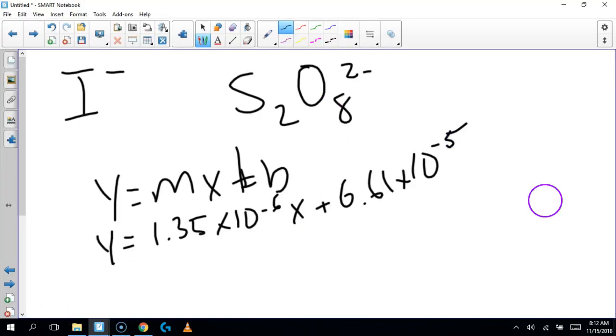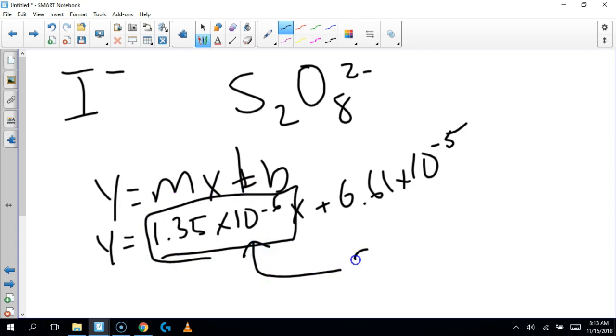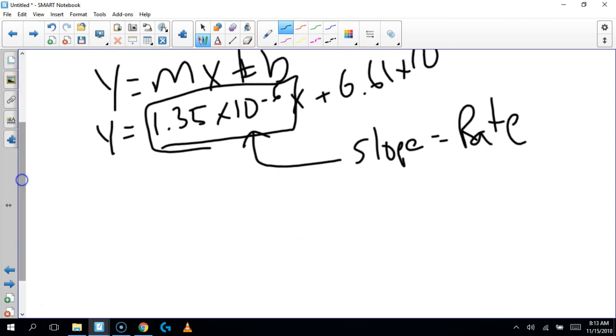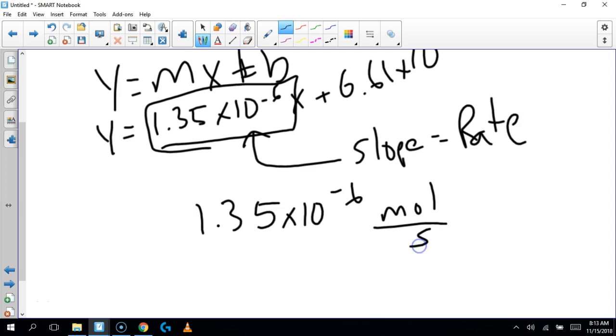For this, we don't need to plug in values here. We just need this value. This is the slope, and the slope of that line is almost equal to the rate. Once you have the slope, 1.35 times 10 to the minus 6, that's in moles per second.